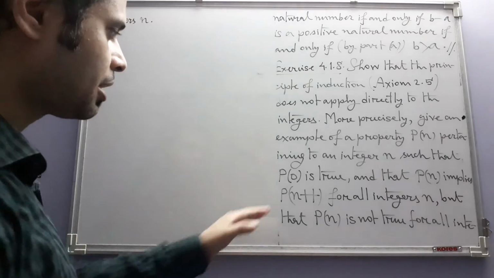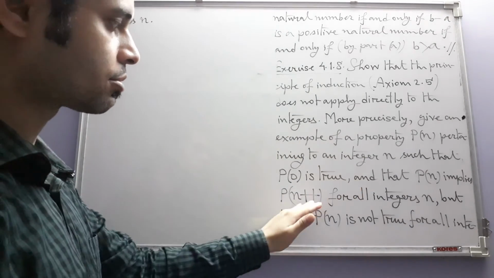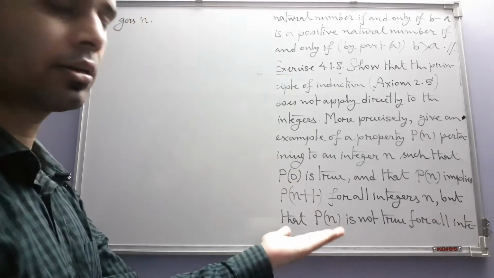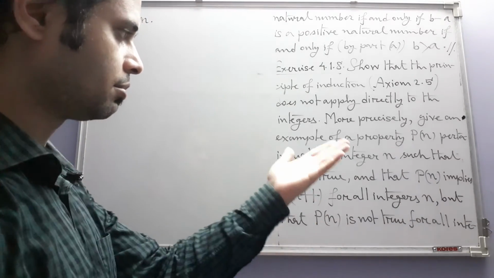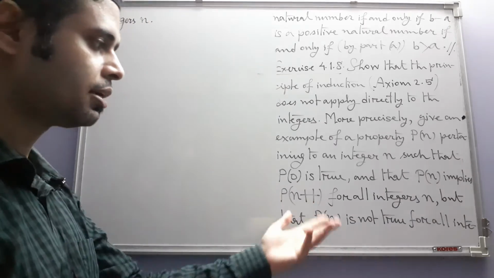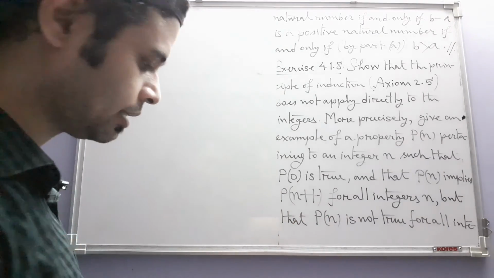So in spite of having all the things true that we normally have true in an induction argument, we can have a situation where P of n ultimately turns out to be not true for all integers.